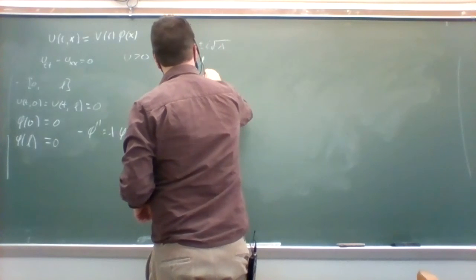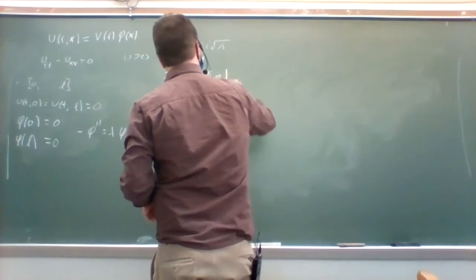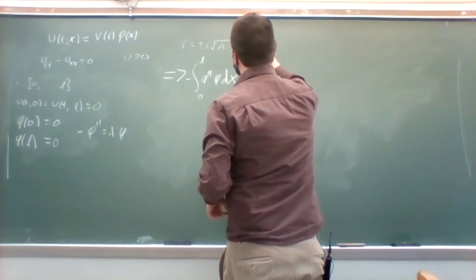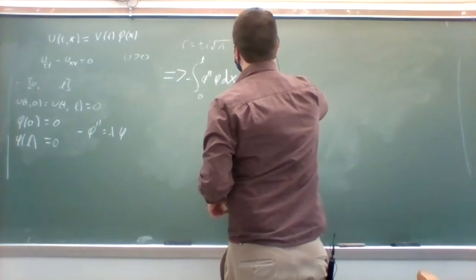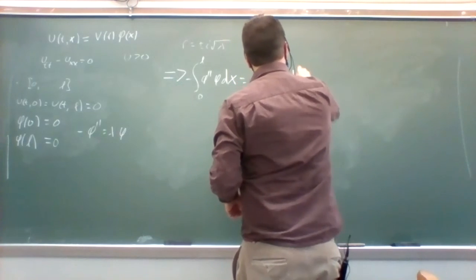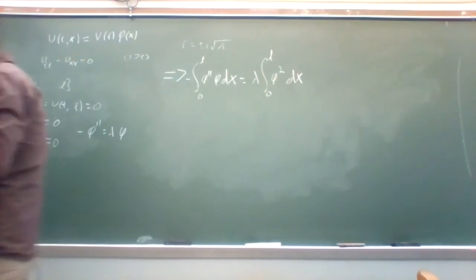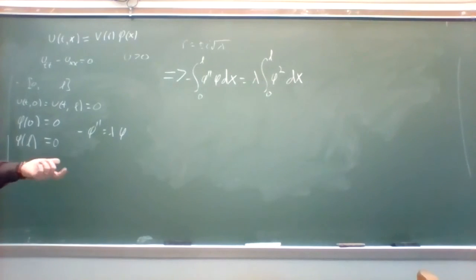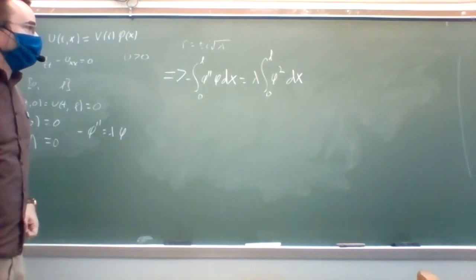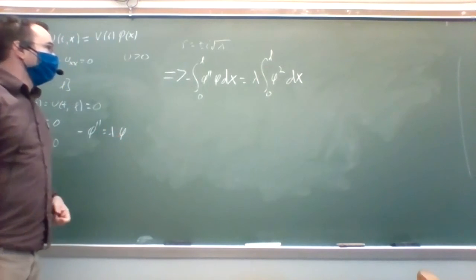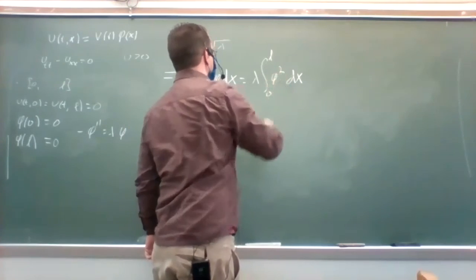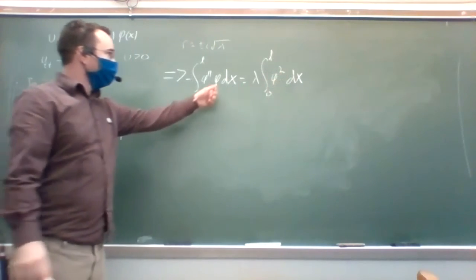So let's take this to be equal to lambda times the integral of phi squared dx. Or if you allow complex solutions, multiply both sides by the conjugate of phi, phi bar, and you'll end up with the norm squared on this side and phi bar there.